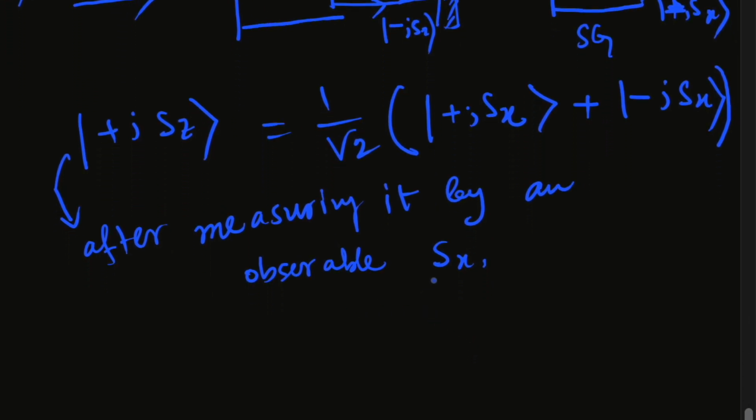What will be the probability that it will be found in one of the eigenkets of this observable Sx, plus Sx?